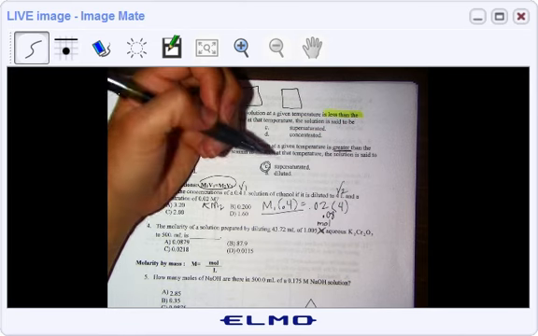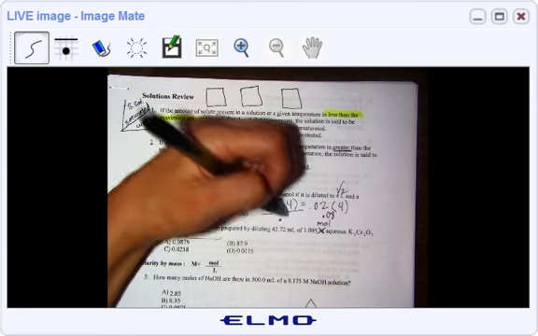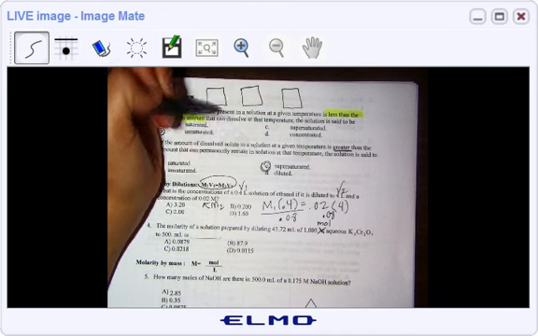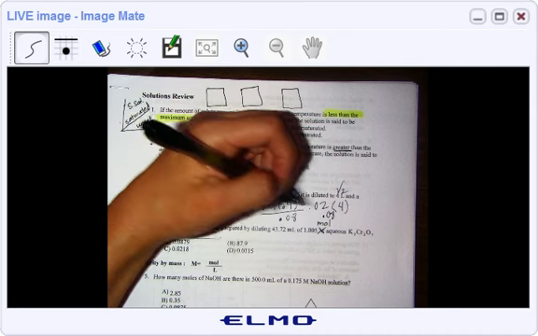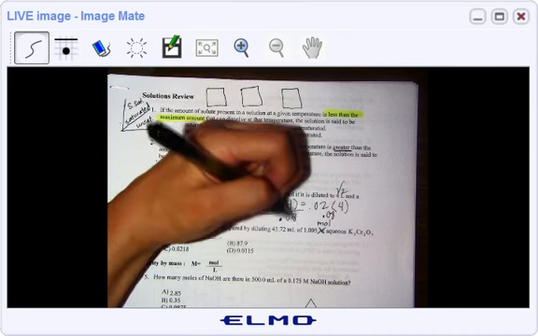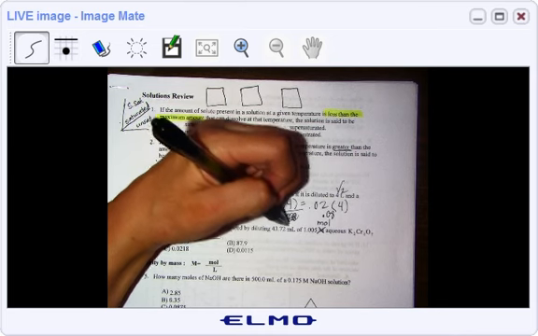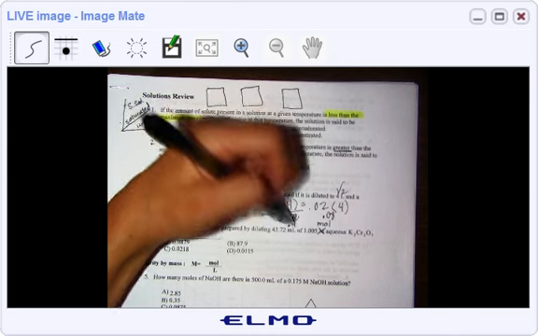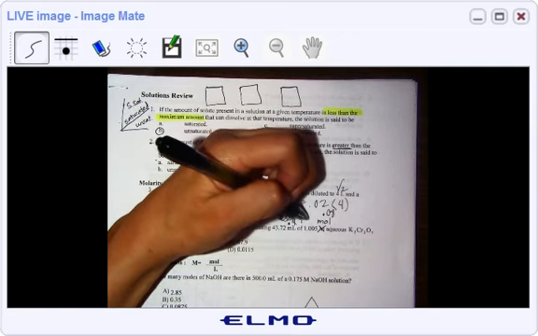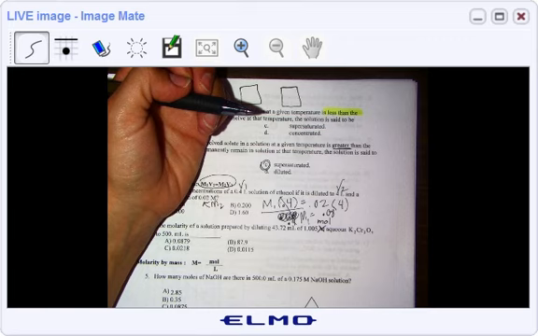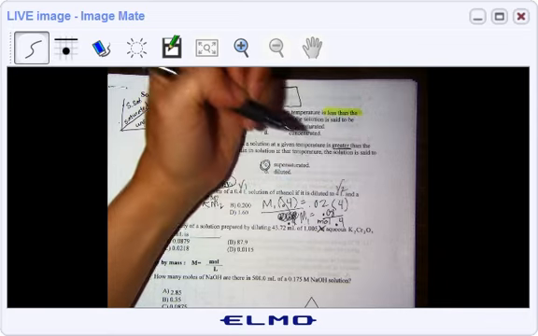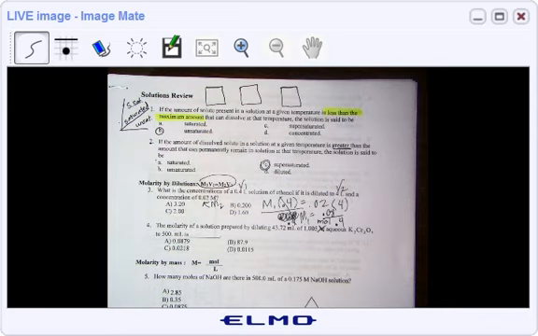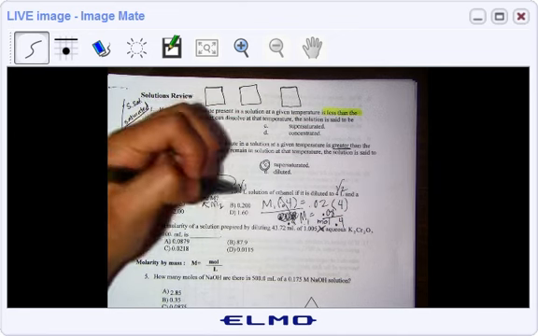Then you just divide by 0.4, because you need to get rid of the 0.4 on the M1 side. So M1 equals 0.08 divided by 0.4. 0.2 is what I get in the calculator.